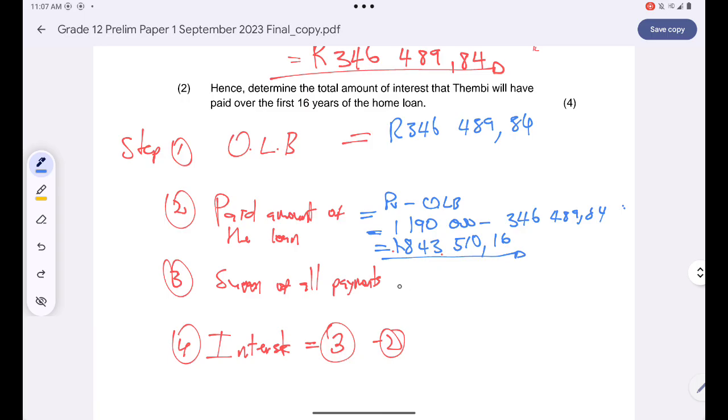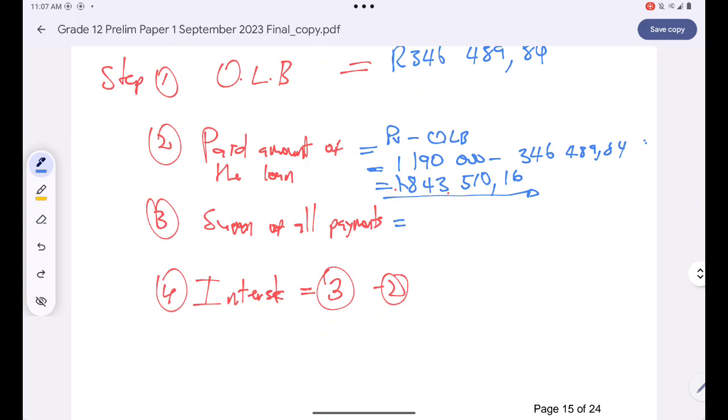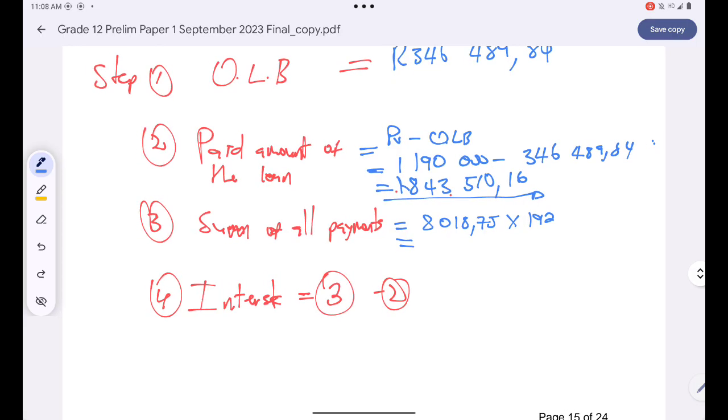And then for us to find the sum of payments, guys, this person has made a total number of 192 payments, and all of those payments are equal to 8,018 rands 75 cents, right? So I'll simply say 8,018 rands 75 cents multiplied by 192, since Tembi has made payments 192 times.